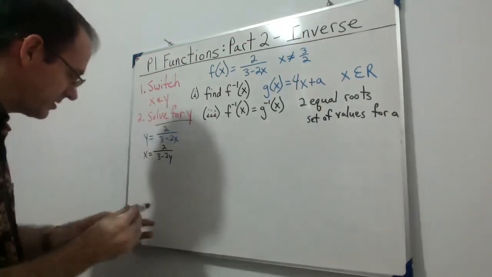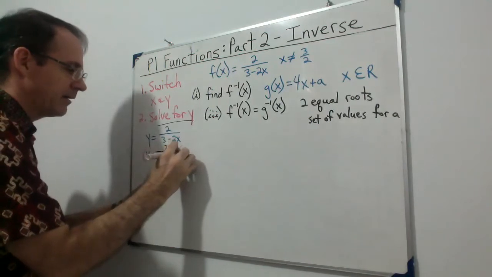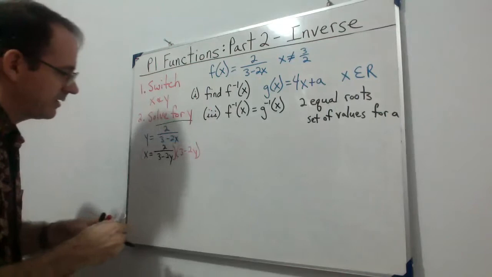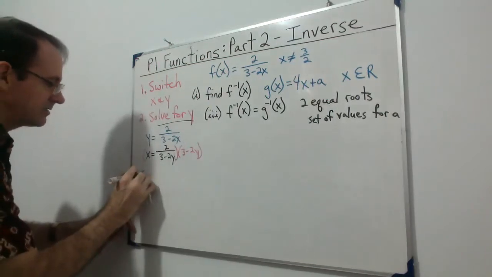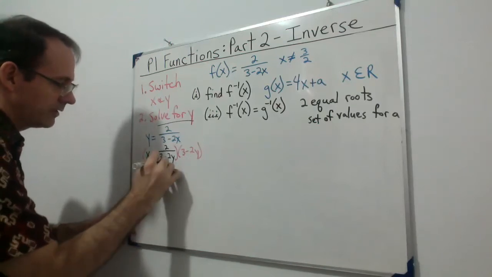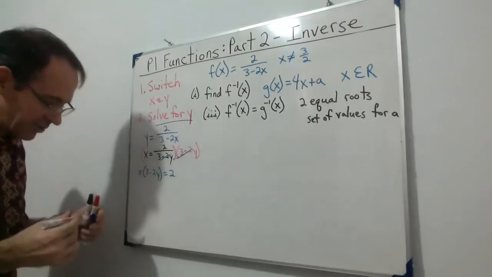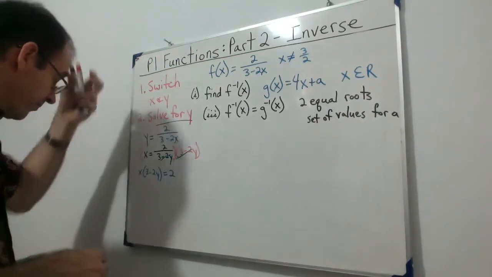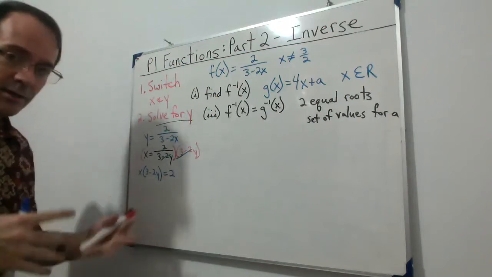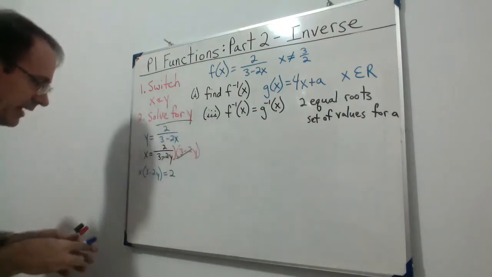We have a fraction here, so we're going to want to multiply 3 minus 2y to get it out of the denominator, and that gives us x times 3 minus 2y equals, this cancels 2. If you want to look at it as cross multiplication, you can do cross multiplication, although usually cross multiplication is with ratios, but you can do that.